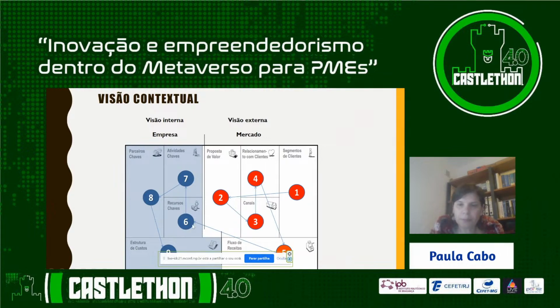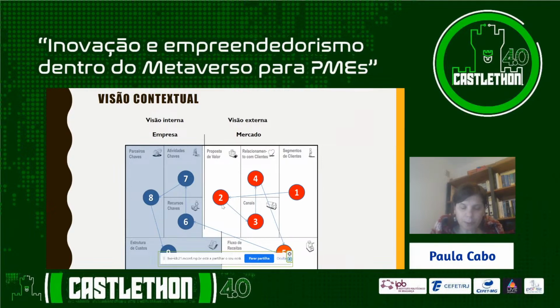So we have the 9 blocks, beginning with the market segment, and the market segment is where we have our target, our customer target. We are offering to them a value proposition that we intend to be an answer to the needs, to the problems of our market segments or customer segments.